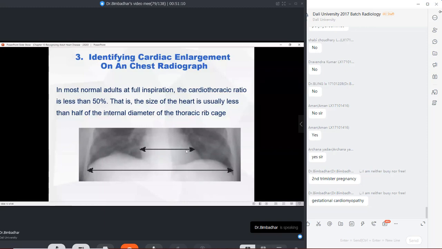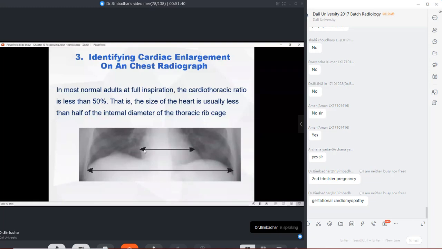Okay, the diameter of the heart compared to the complete thoracic diameter should be less than 50%. If it is less than 50%, it means yes, there is no cardiomegaly. Remember, only on a PA view. This definition applies only to a PA view.